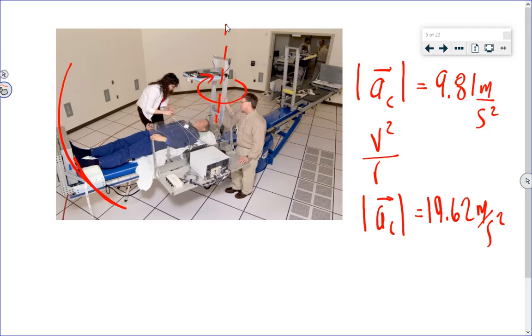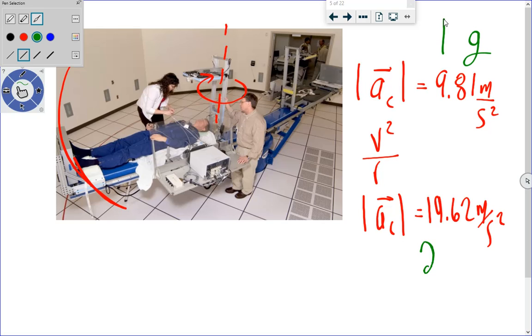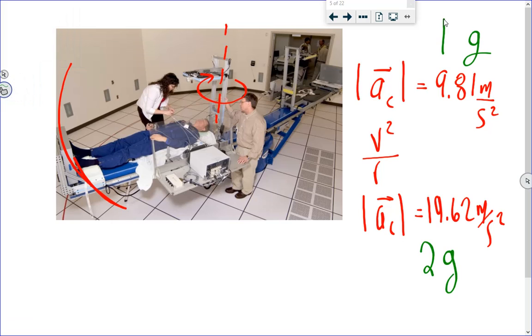Is it right, 19.62? Okay, so what we would say is, for this person's experience at an acceleration of 9.81, we say they are experiencing 1 g. At 19.62, we would say they are experiencing 2 g's. Now, just imagine that I have the same mass as you.